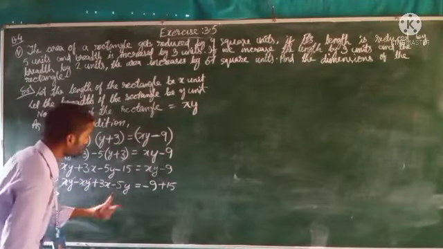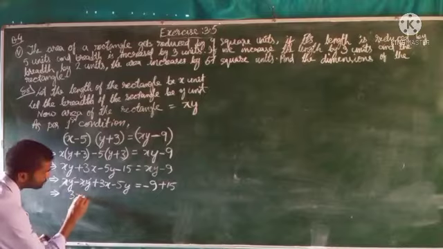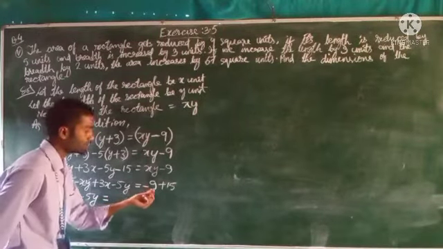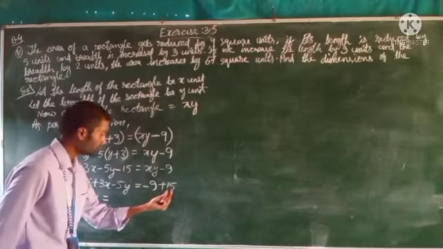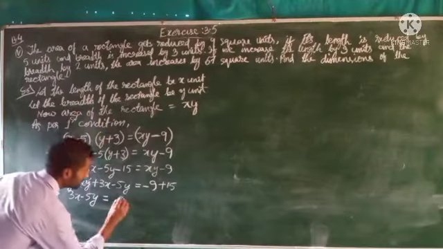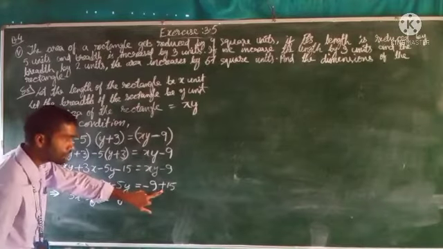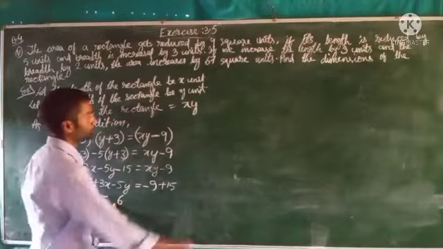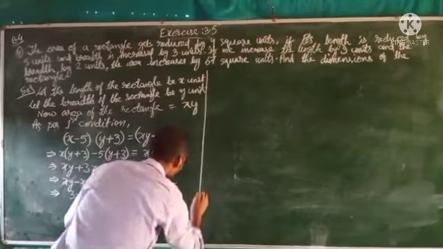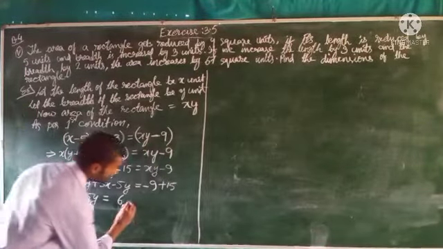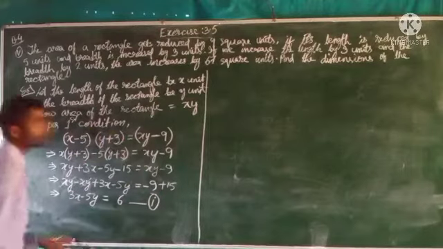Now 3x minus 5y is equal to minus into plus, it is minus. So 15 minus 9, we will get here 6, and the sign of greater integer is 15, the sign is plus, so plus 6. Now here we got our first equation, so we will name it as equation 1.